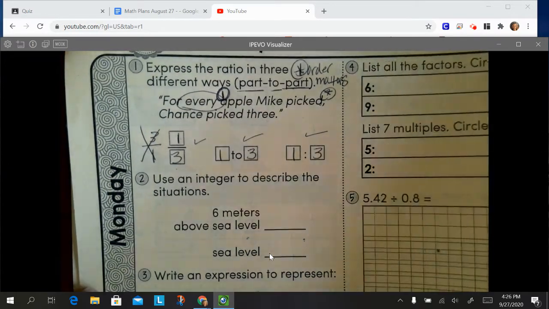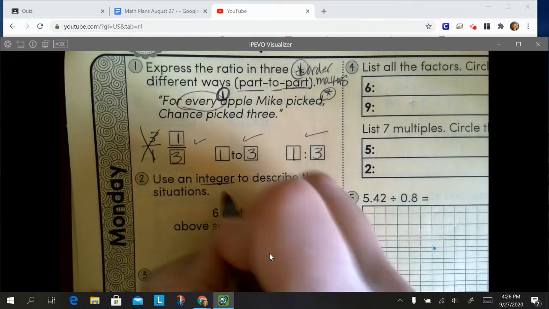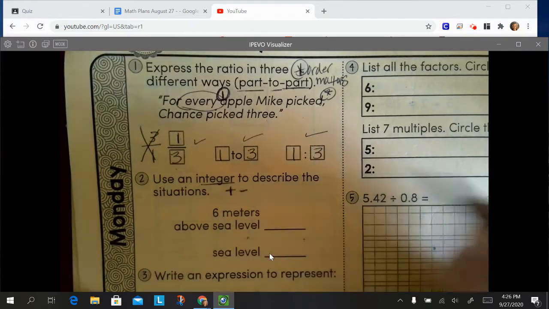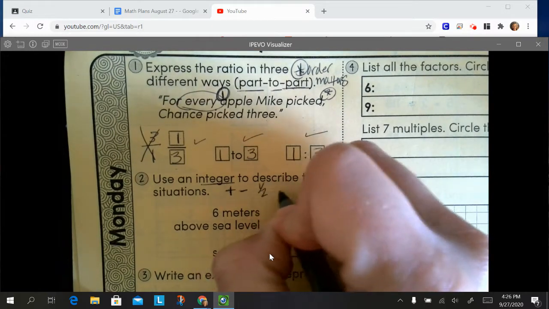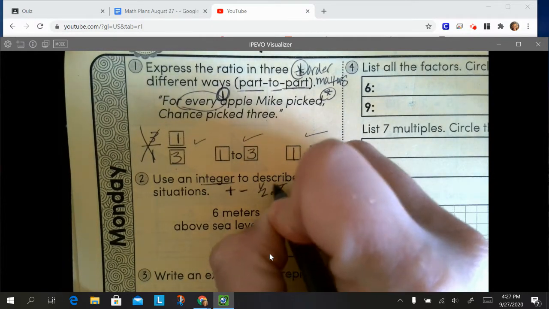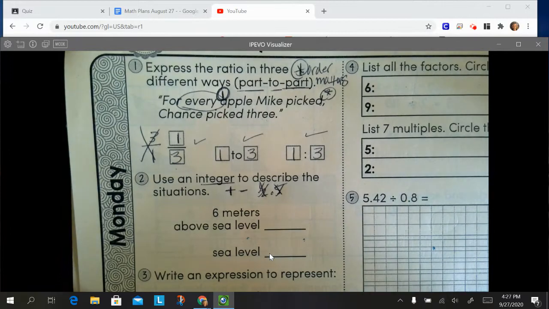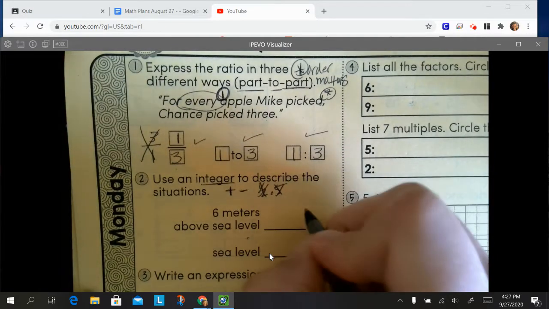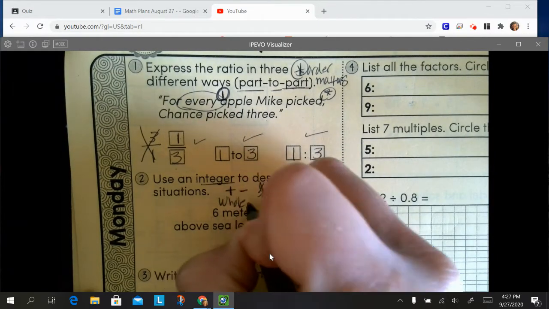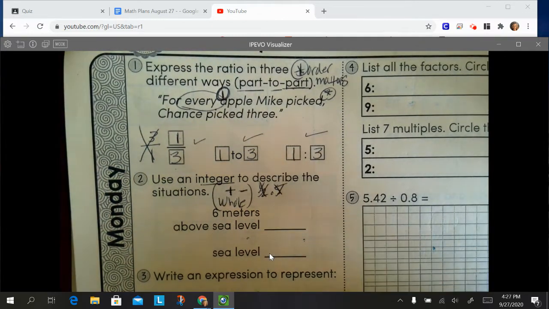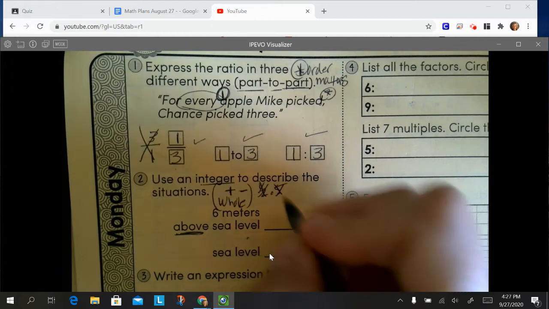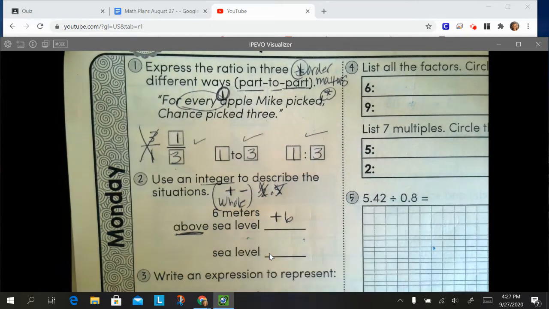Number 2 says use an integer, and remember an integer is either a positive or negative whole number. They're not decimals and they're not fractions. They're positive and negative whole numbers. The first one says 6 meters above sea level. Above sea level is positive 6.